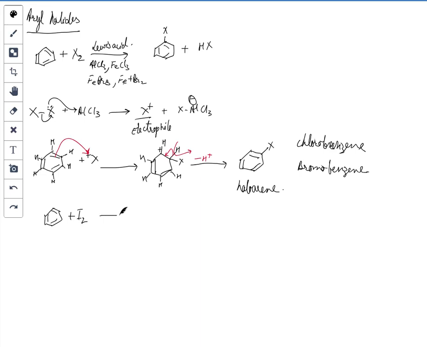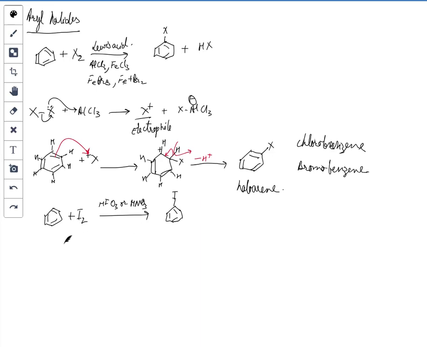So what we need to do is use some oxidizing agent, which could be HIO3 or HNO3, which is going to oxidize the HI formed in this reaction and prevent the reverse reaction. If we use an oxidizing agent here, we are able to get iodobenzene. So preparing iodobenzene is in presence of an oxidizing agent.